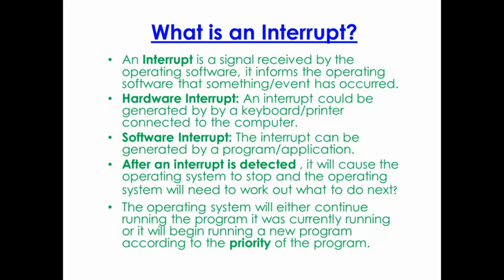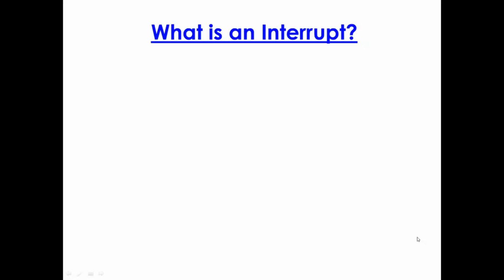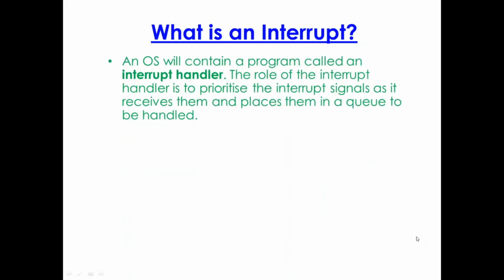So how does the operating system deal with the interrupt? It has something that is called an interrupt handler. It's a program called the interrupt handler, and the interrupt handler's job is to give priority to different interrupts.